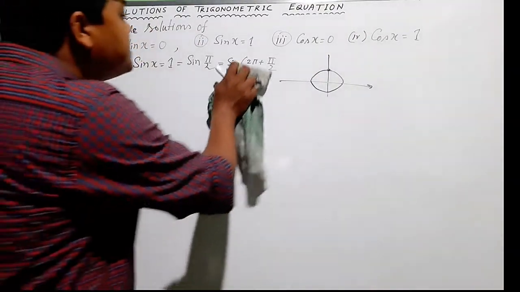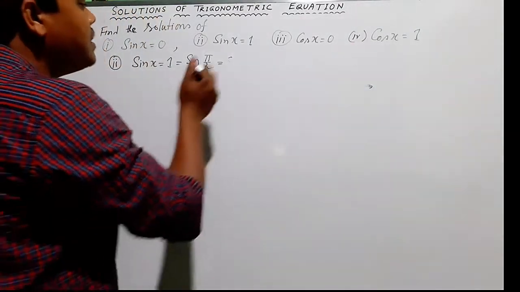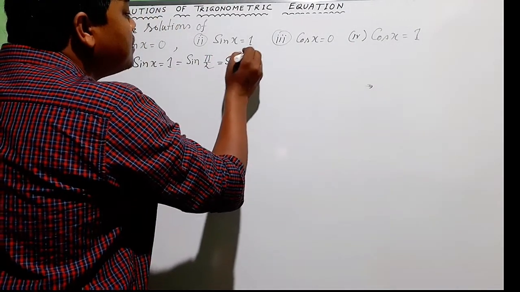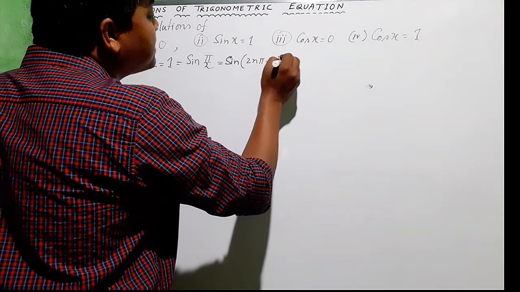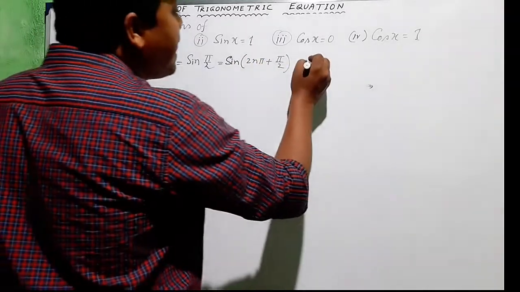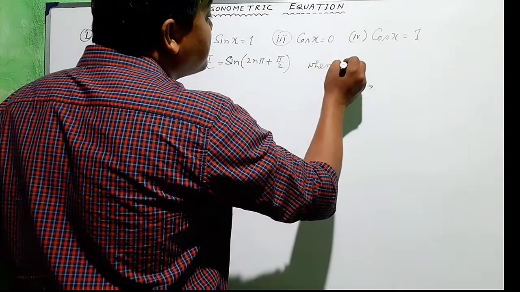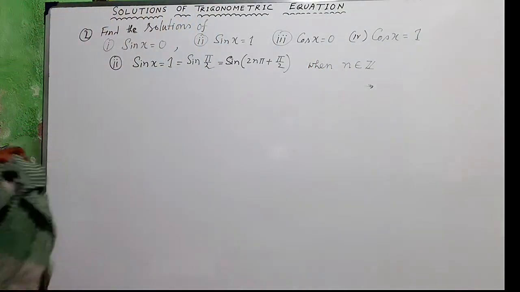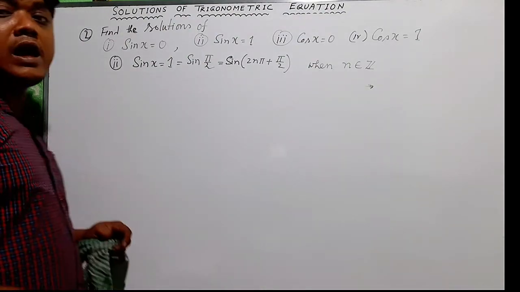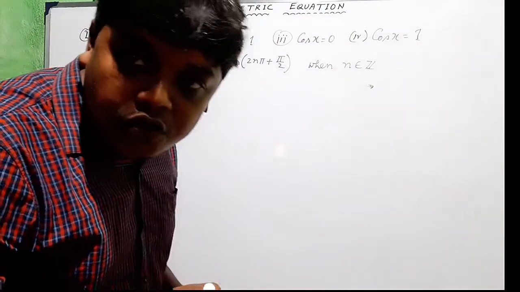So in general we can write sin 2n pi plus pi by 2, whatever the values of n, where n belongs to Z, that means n is 0, plus minus 1, plus minus 2, which contains all the solutions of the equation sin x equals 1.